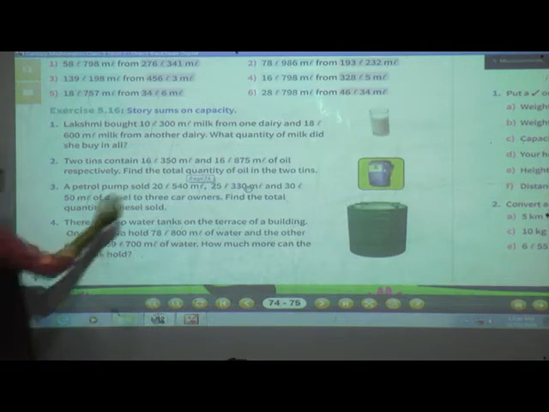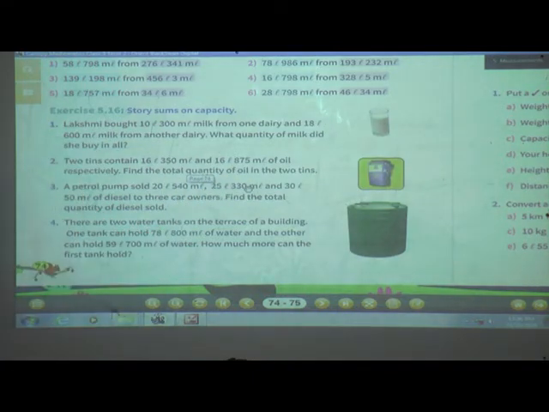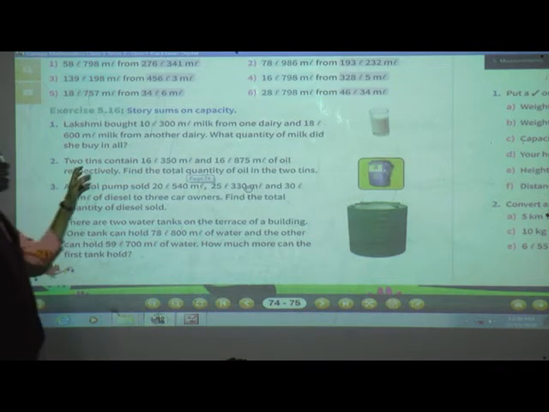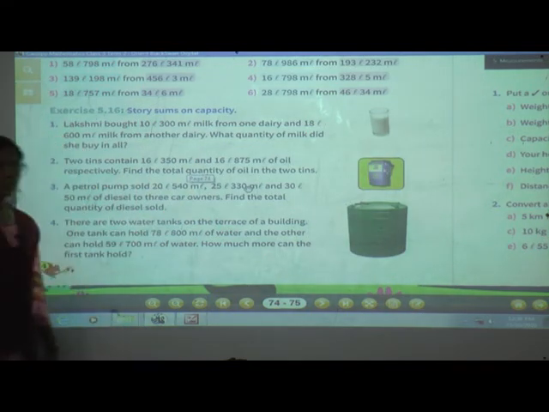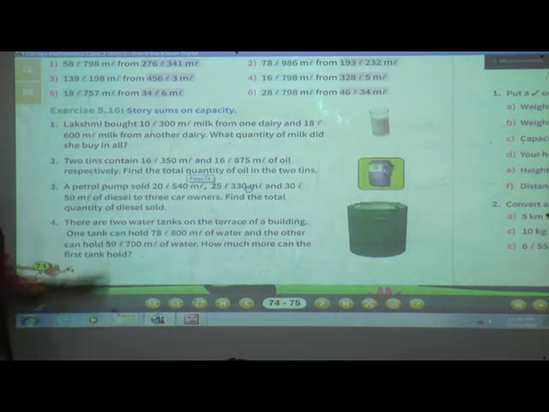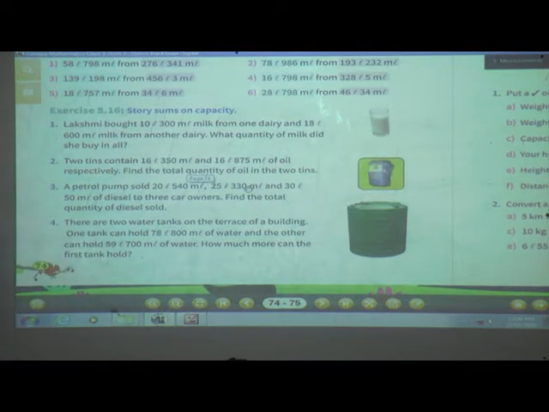Find the total quantity of oil in the 2 tins. Now if you read the question carefully, you can understand very easily the word total is there. Total means what? Addition. So what you have to do here? Here you have to do the addition. Then you will get the total quantity of oil in the 2 tins. So you have to solve this on your own.